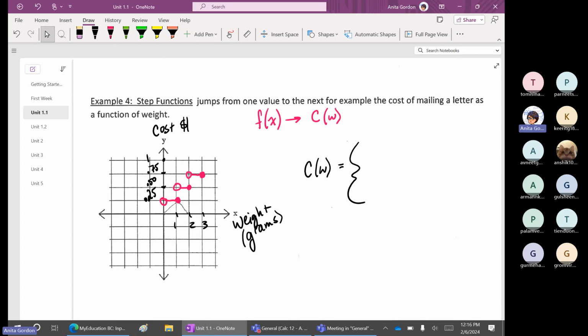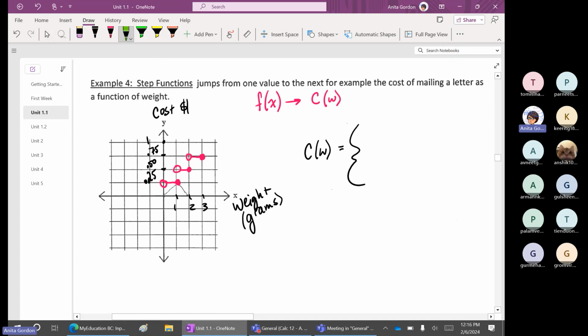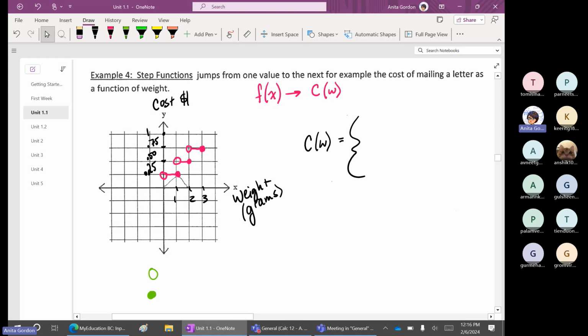Do we remember what an empty circle represents? It could be a point of discontinuity, yes? It's excluded from the value, right? So different ways. It comes close, but does not touch.